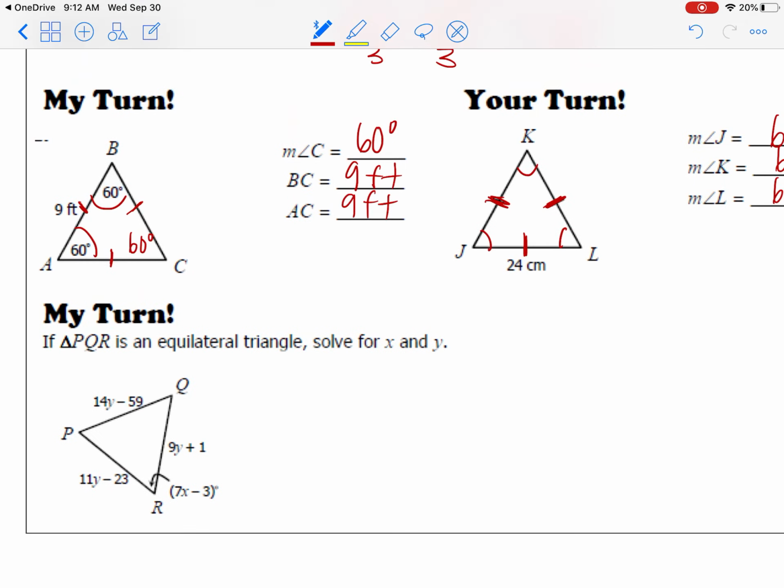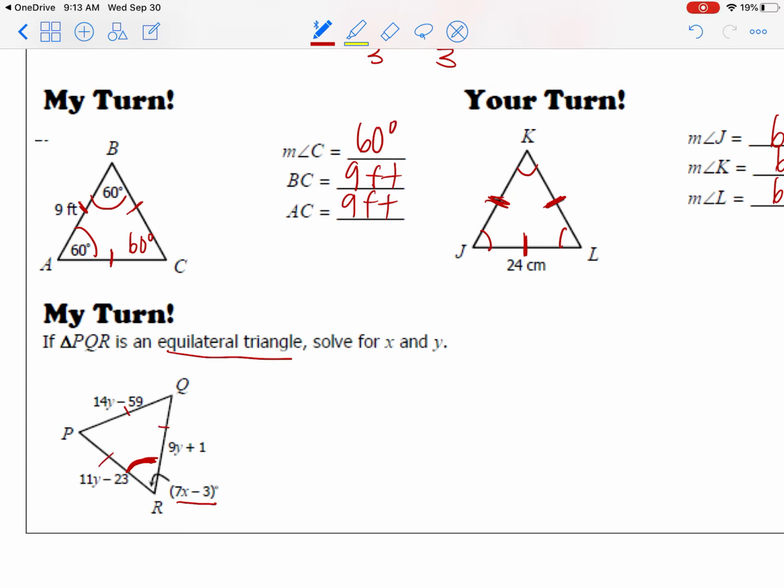All right, let's go ahead and do the next problem. It says here, if triangle PQR is an equilateral triangle, solve for x and y. So notice, if I want to solve for x, I notice that 7x minus 3 is the expression for the angle R. And they're already telling me in the instructions that this is an equilateral triangle.